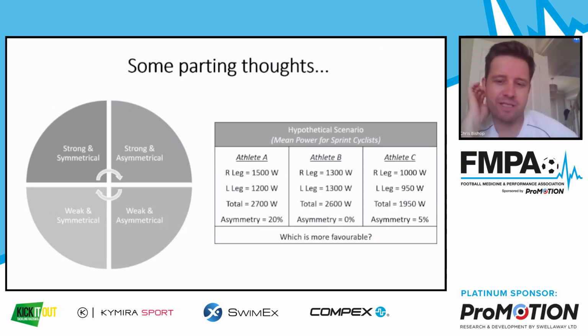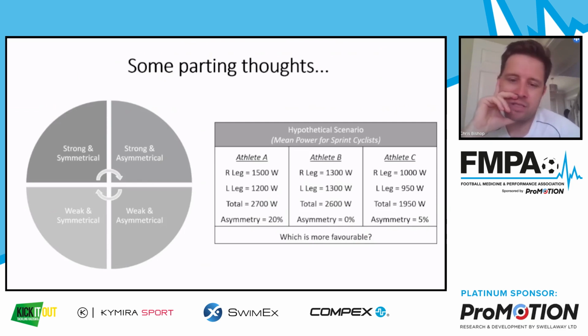So if I asked myself which athlete I would prefer to be in this scenario, given that sprint cycling doesn't have any direct impact per se, as you would have with running and ground reaction forces, I'm not sure I'd care so much if my athlete had a 20% imbalance, if we know that mean power is one of the key determinants for sprint cycling performance, and athlete A produces the largest total mean power.